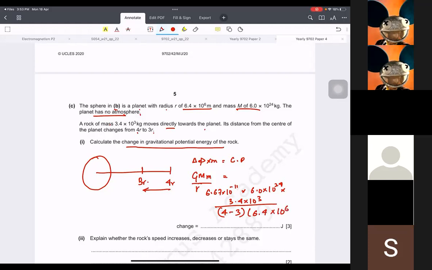What was the answer, you guys? 1.8 times 10 power 10.